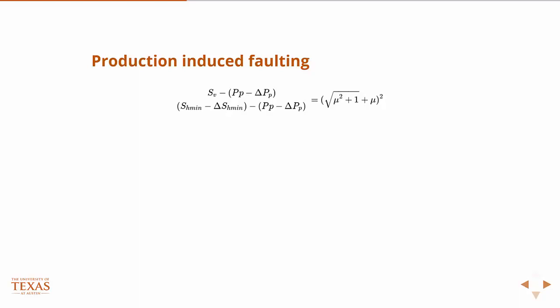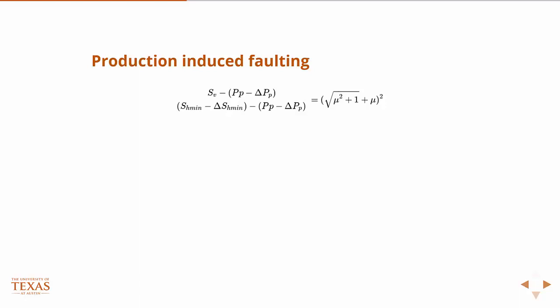So if we assume that during depletion the vertical stress is going to remain more or less constant, then the pore pressure and the horizontal stress, or in this case SH min, are going to change by delta P and delta SH min. Then we can just simply plug in those relationships.